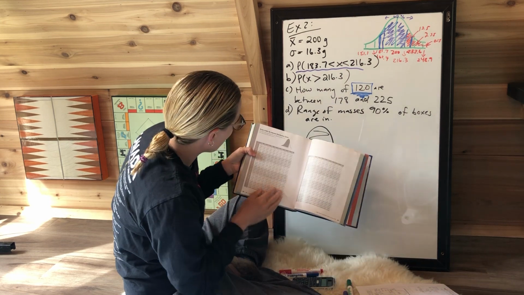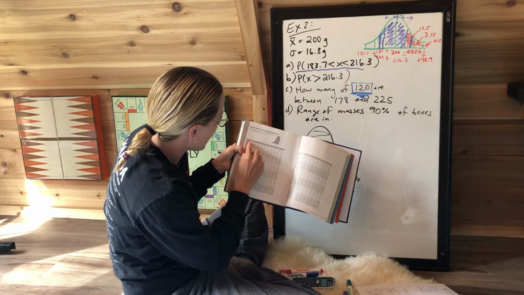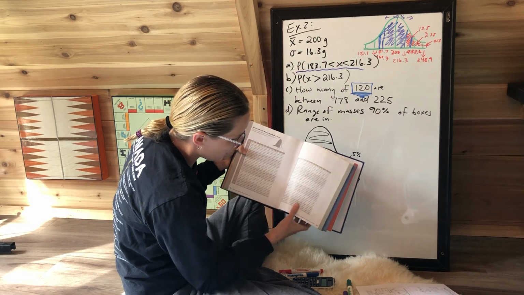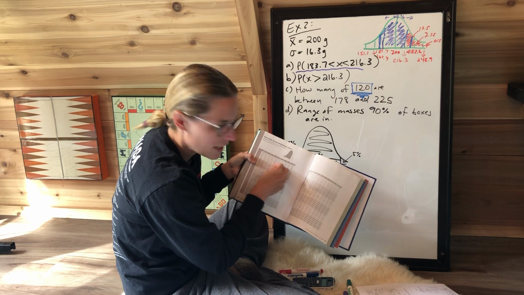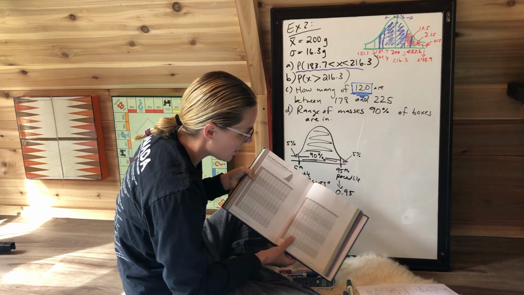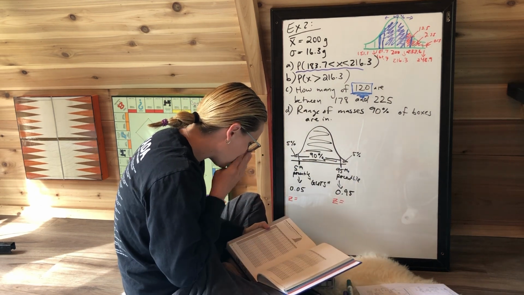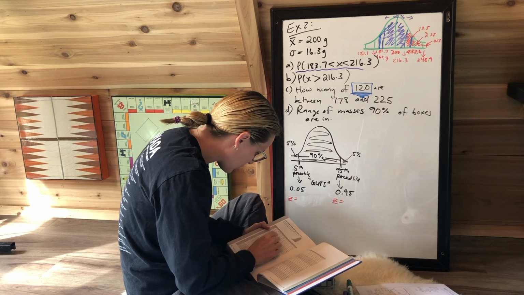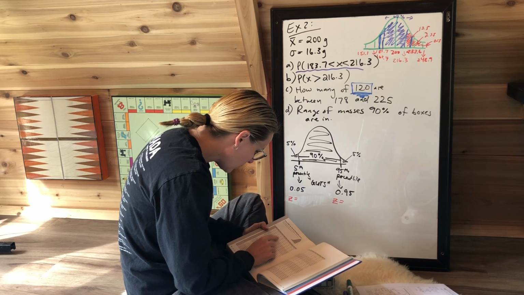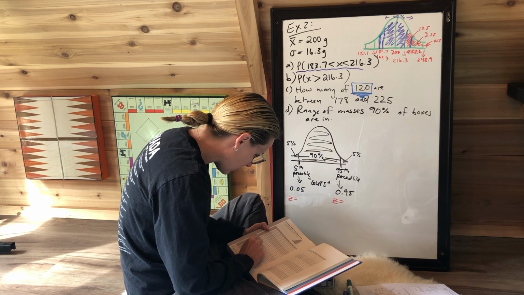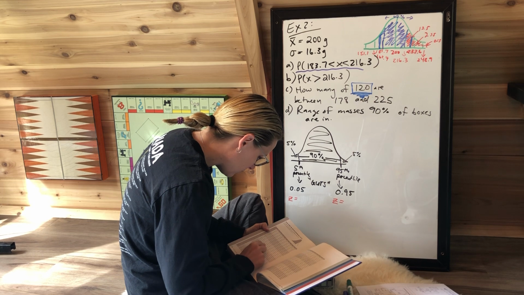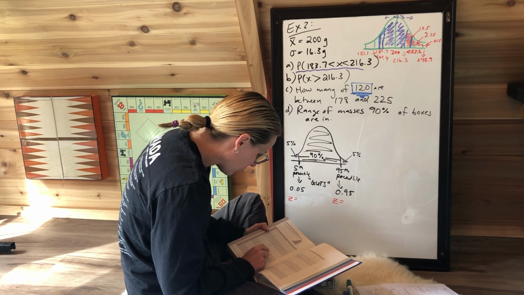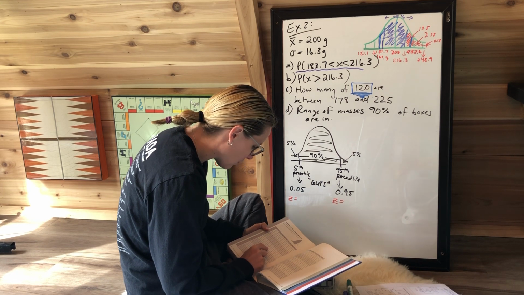So these are all in order, right? The one at the end here is closest to 0, and the one over here is closest to 100%. So 5% is going to be way over here in the negative section, and 95% is going to be somewhere in the positive section. You have to look through and find the one closest to 0.05. I find 0.0495 and 0.0505.